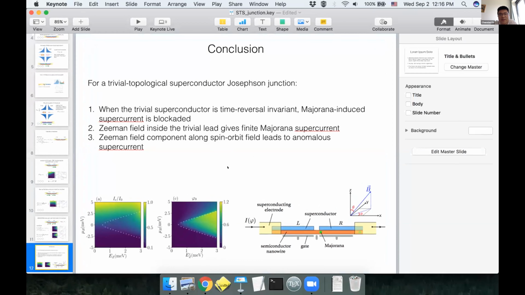Sorry, what is the question? I think the geometry is not difficult to fabricate in the laboratory. Yeah, that's basically my question. So one of the parts of the wire has to be trivial. Oh yeah, I think I should mention it earlier.